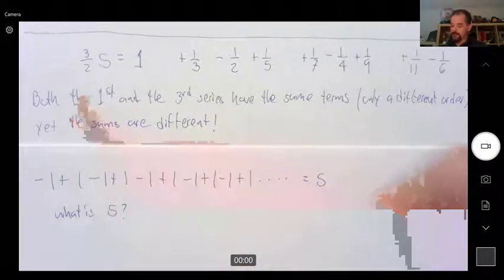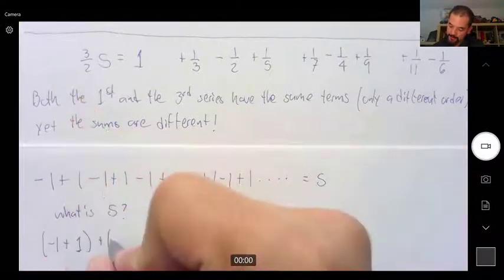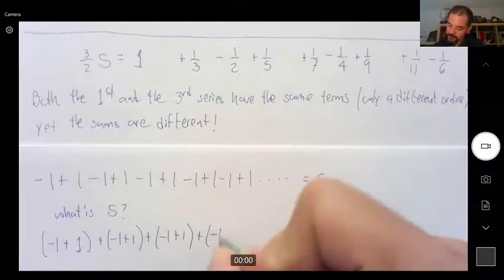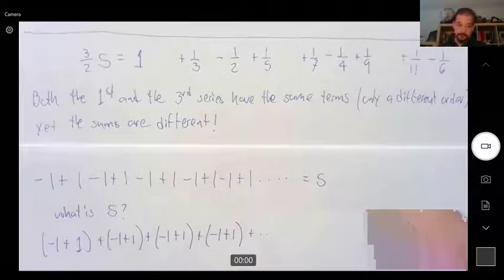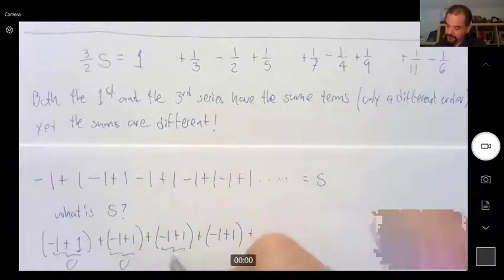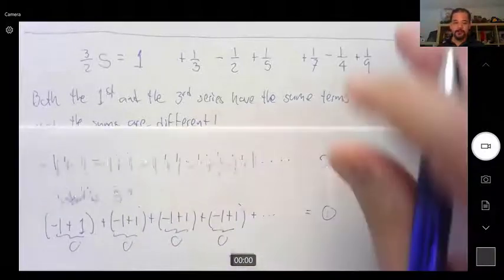And here's the thing: if you put the first two together, and then the next two, and then the next two, what do you get? 0. This is 0, and this is 0, and this is 0, and so we're adding a bunch of zeros, so the answer should be 0, right?